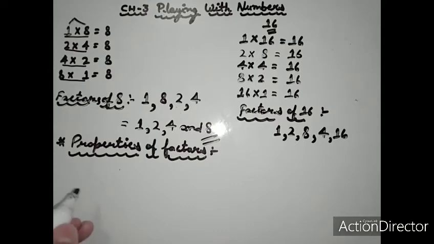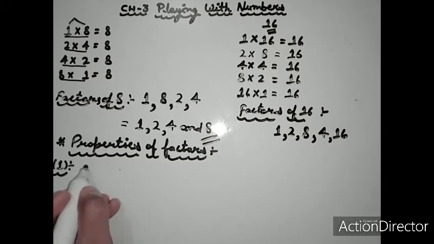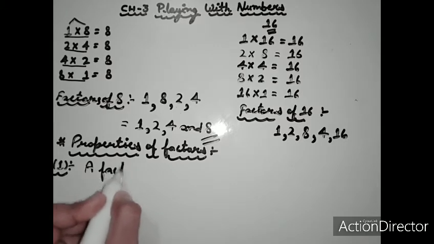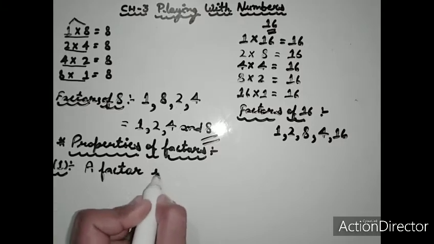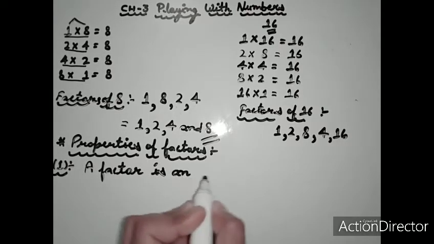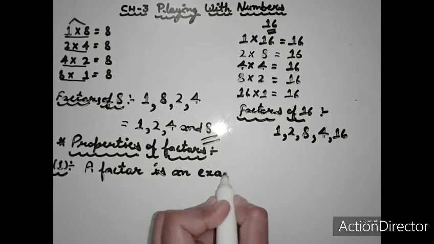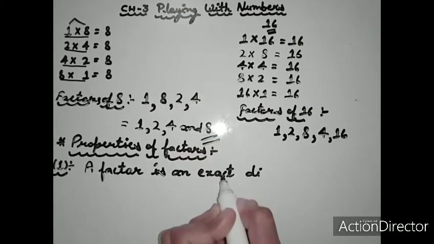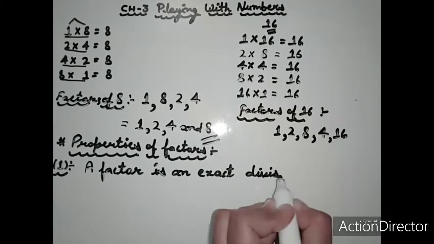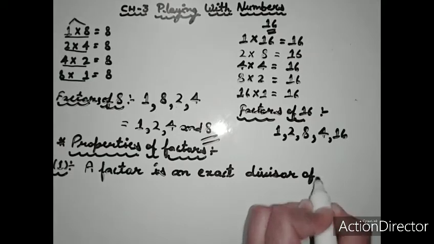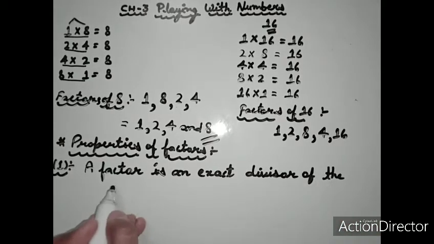So here we say that the first property of factors is: a factor is an exact divisor of the given number.